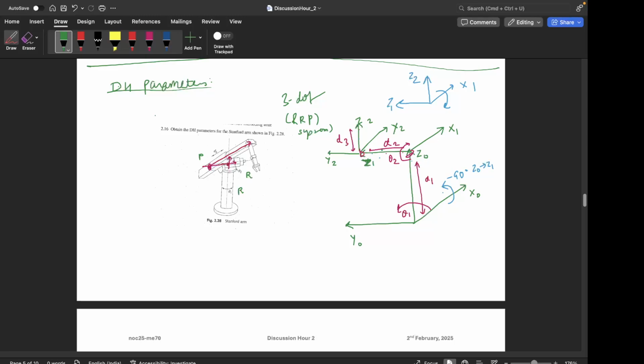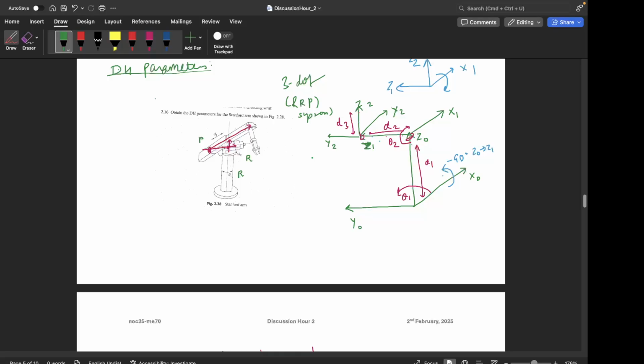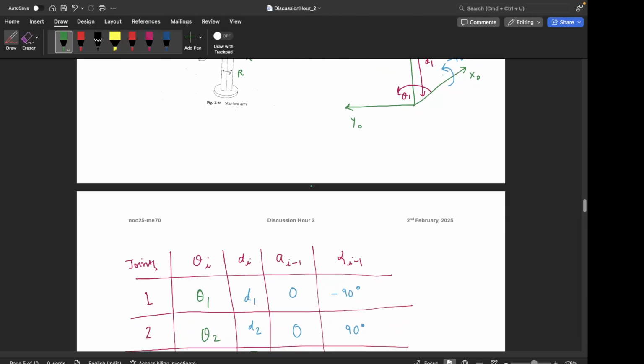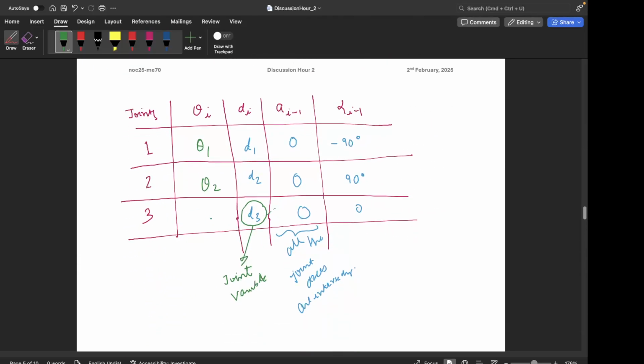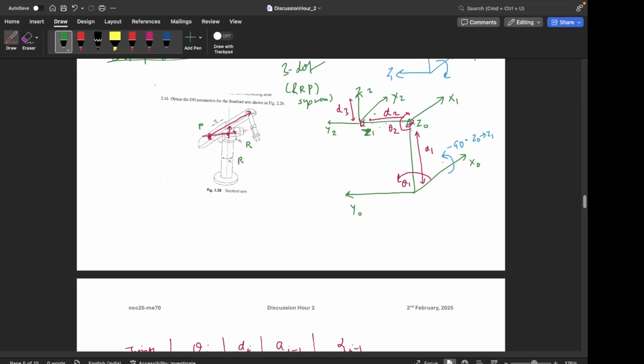And along z1, it is 90 degrees. Right. About z2, we have to rotate by 90 degrees from getting to x2 to x1.